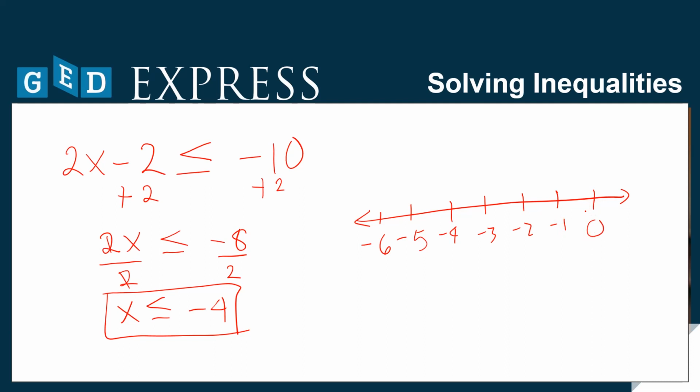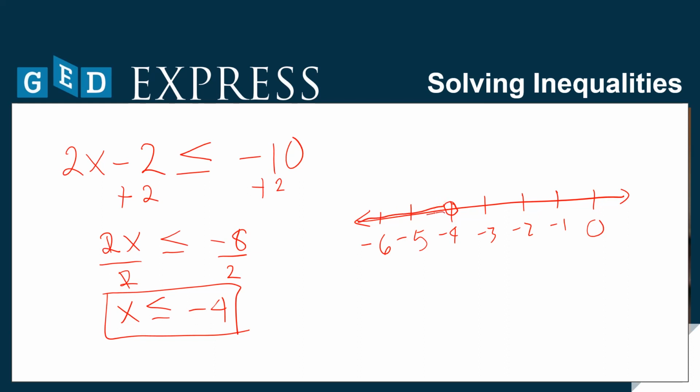Now first identify where minus 4 is. Then make a small circle on minus 4. Now look at the solution: x is less than or equal to minus 4. So less than means all values on the left side of minus 4 are the solution.